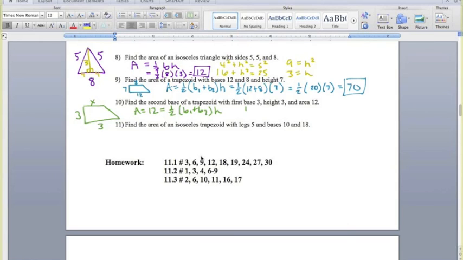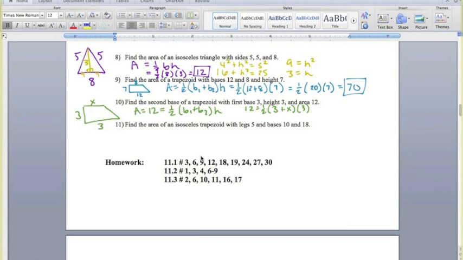So then 12, that area is 1/2 of 3 plus x times 3. Okay, base 1, 3, base 2, we don't know, and height 3. So we need to do a little bit of algebra on this one to solve it out.